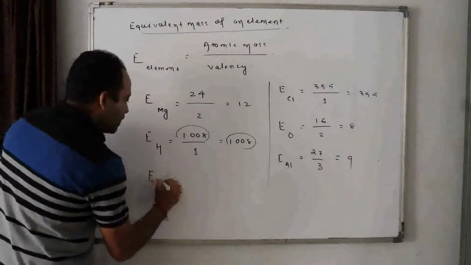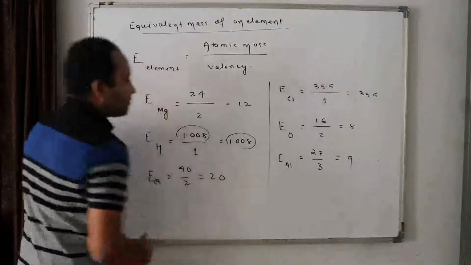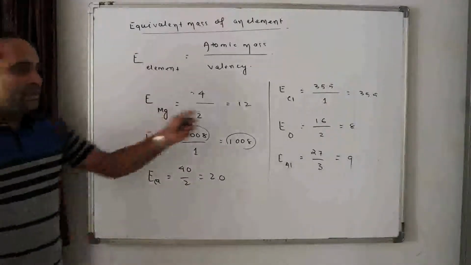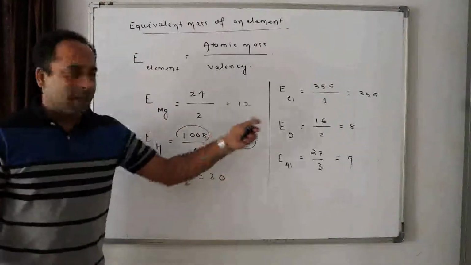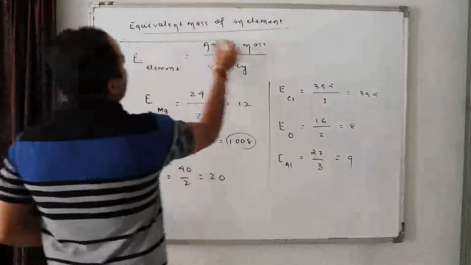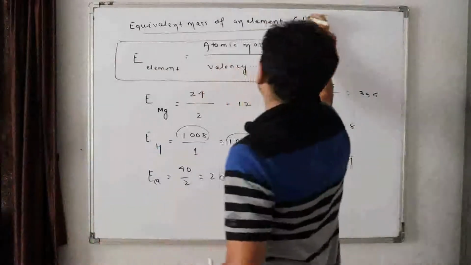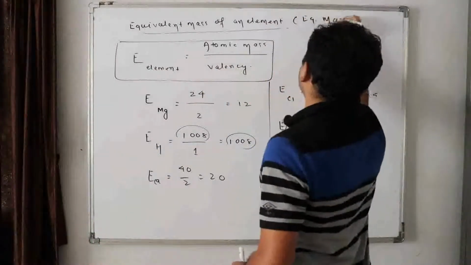Equivalent mass of calcium: atomic mass 40, valency 2, so 20. Do you understand now how easy it is to calculate? Atomic mass divided by valency is called equivalent mass. Sometimes equivalent mass is written with a symbol somewhere. Don't worry about this.